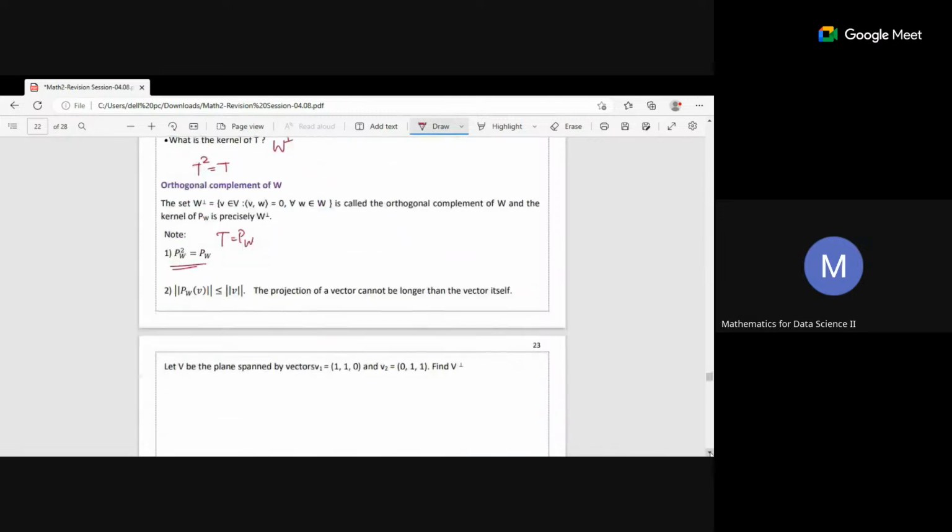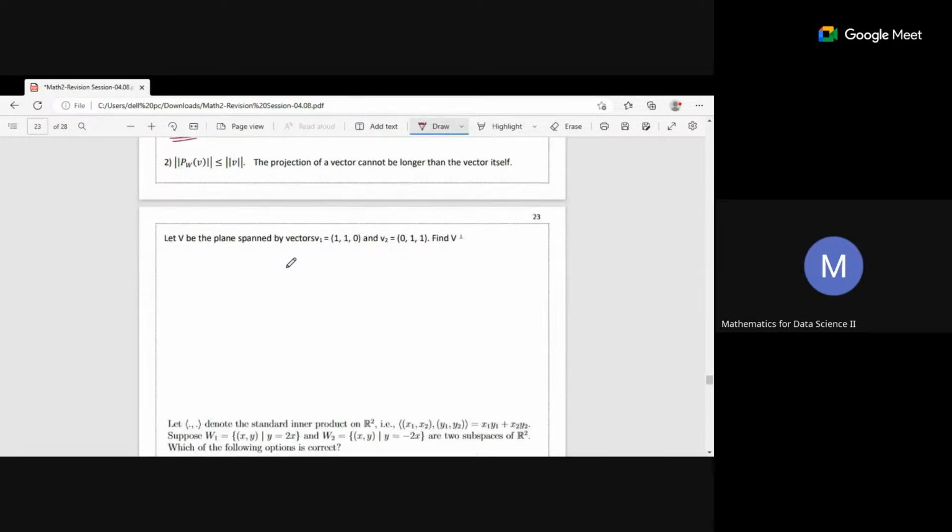Let V be a plane spanned by the vectors V1 and V2. How do you find V perp? What is the definition?